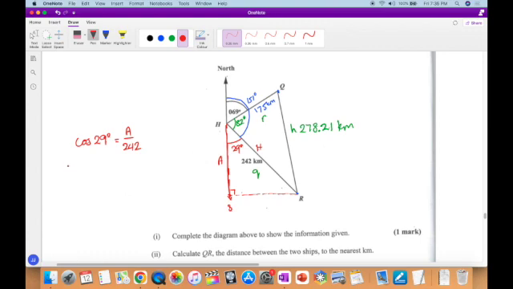So therefore, that distance adjacent will be 242 multiplied by the cosine of 29. So that distance would end up being around 211.66 kilometers.